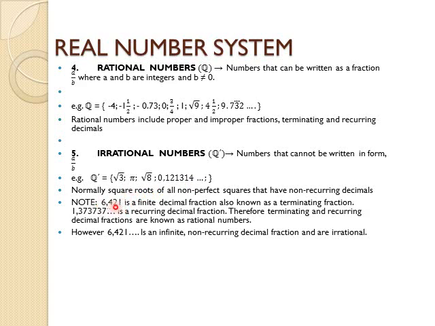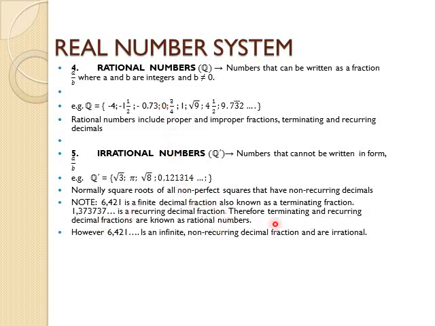6.421 ends by 1. This is referred to as a finite decimal fraction or a terminating fraction. You see there, terminating fraction. 1.373737... will continue like that, and that's called a recurring decimal fraction. So finite and recurring form part of rational numbers.